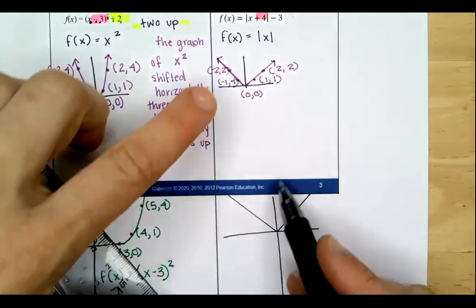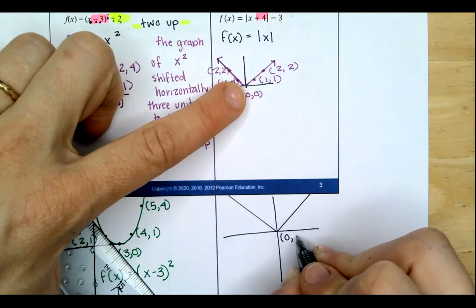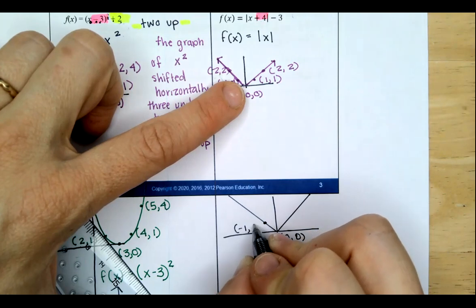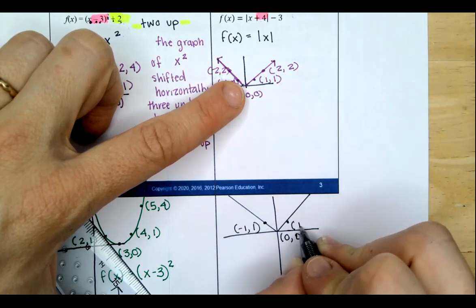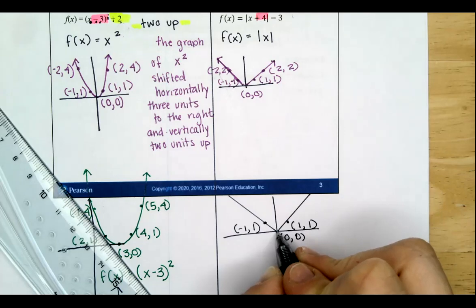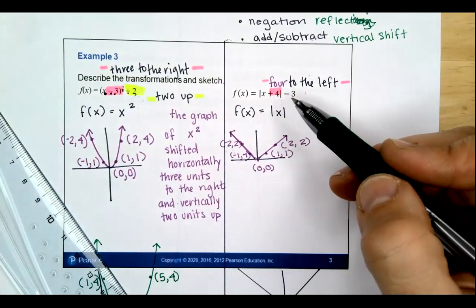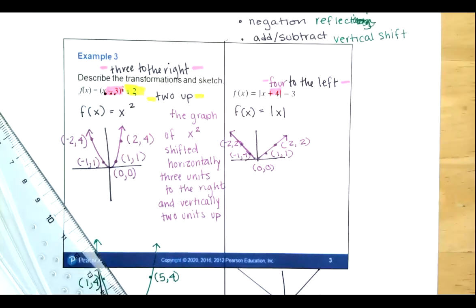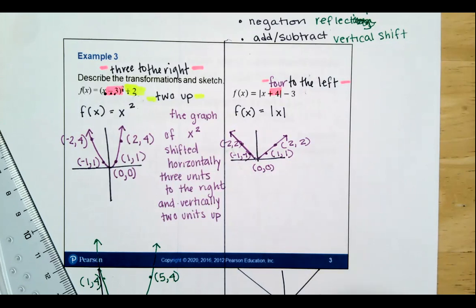So here was our original, 0, 0, negative 1, 1, 1, 1, right? 4 to the left means I'm going to go all the way over from 0, 0. Plus 4 means subtract 4 from the x, okay? So from 0, 0, I'm going to go to negative 4, 0. From negative 1, 1, I'm going to go to negative 5, 1.